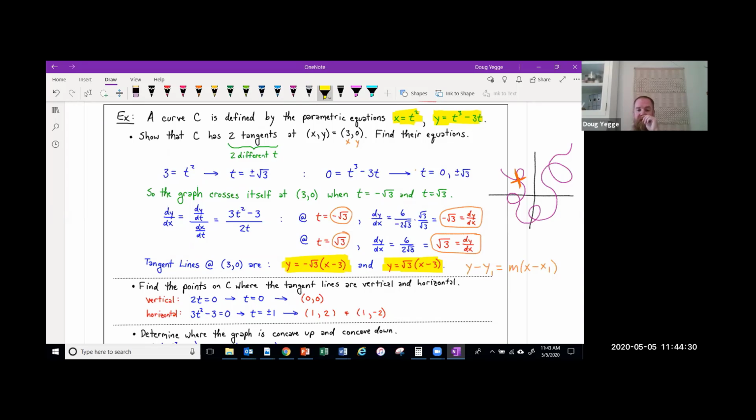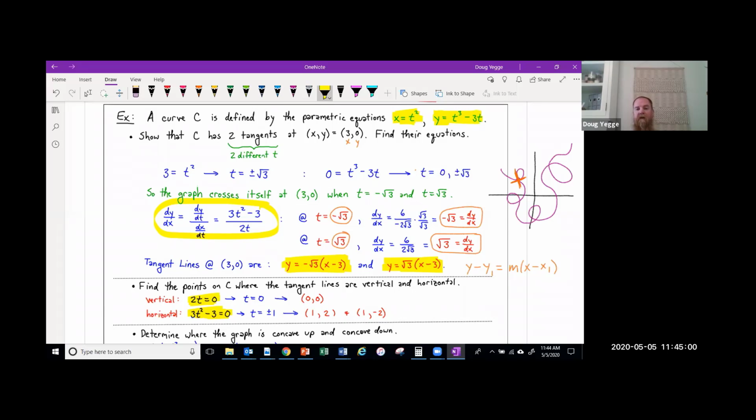All right, this next one says find the points on C where the tangent lines are vertical and horizontal. Well, this is our derivative right here. And we mentioned earlier that slopes are horizontal when the numerator is 0, and slopes are vertical when the denominator is 0. So we're just setting the denominator equal to 0 to see that that's going to happen when t is 0. And setting the numerator equal to 0 and factoring, we get that that's going to be at t equals plus or minus 1.